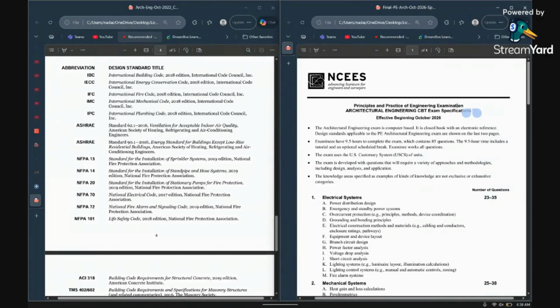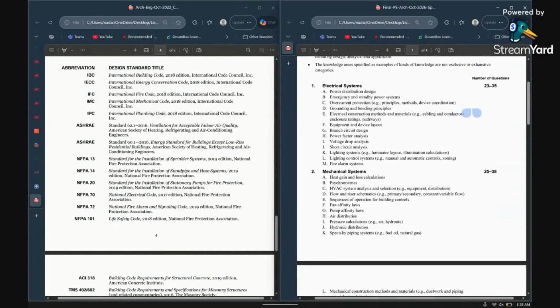But I've been checking almost every week to see what's new, because NCEES does not publish when new information comes out. They expect that the examinee or the potential licensee is keeping those items under watch.